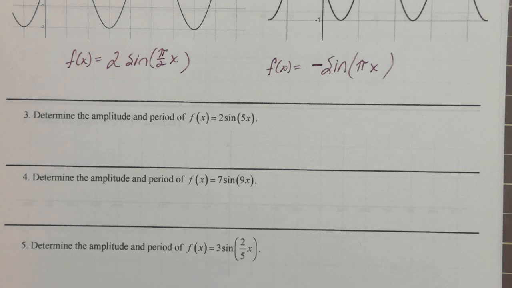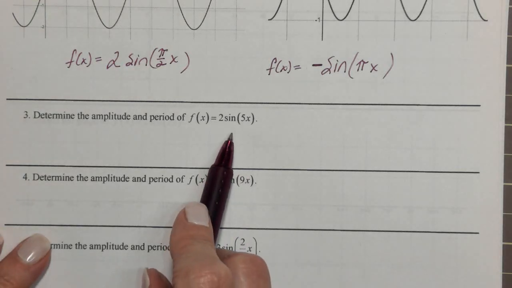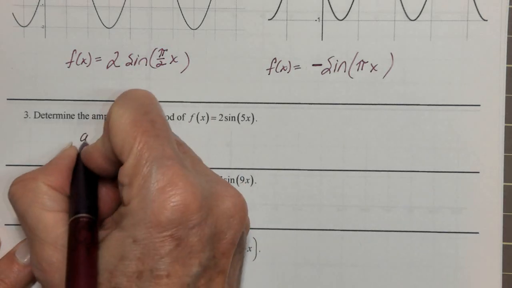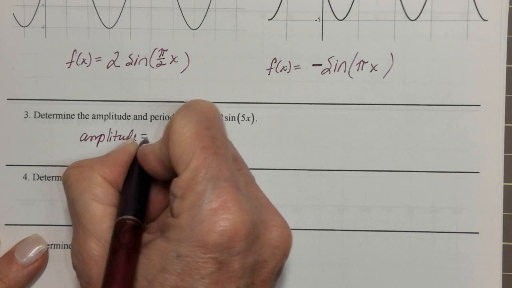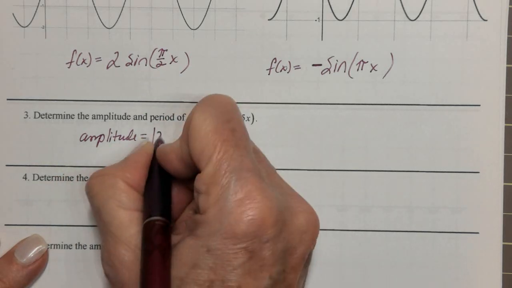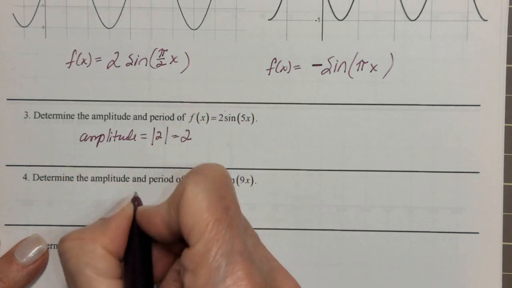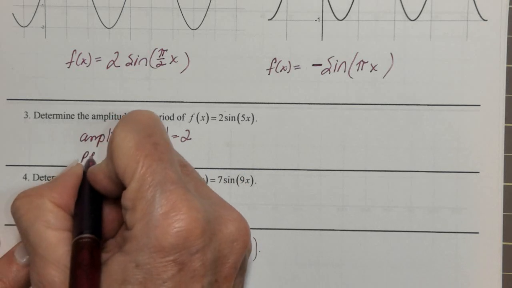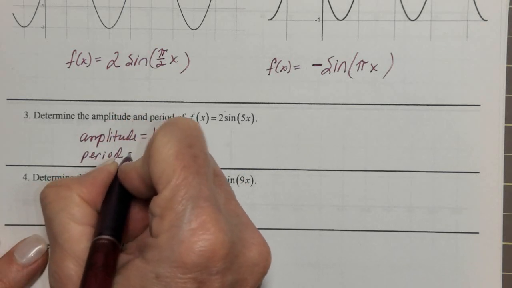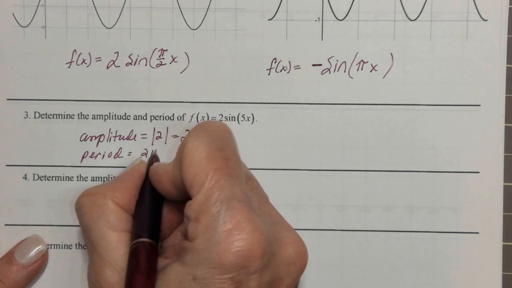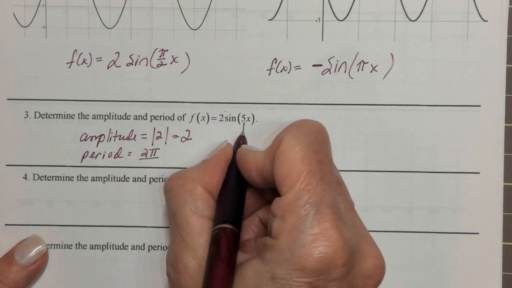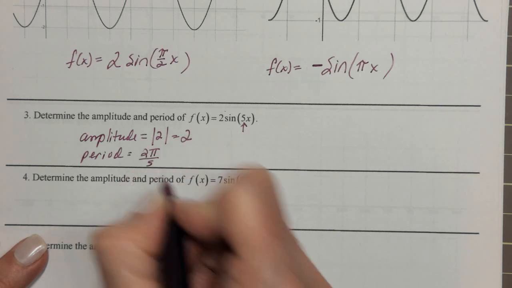Alrighty. What is the amplitude and period of this function? Well, the amplitude is the absolute value of that coefficient, so just 2. The period is the normal period for sine, 2 pi, divided by 5.